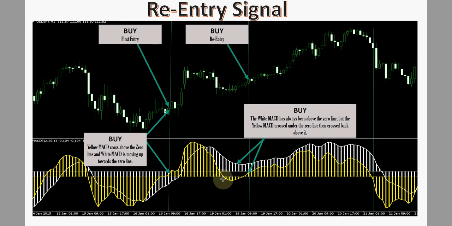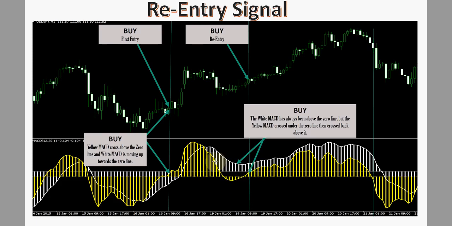The next one is the re-entry signal. As the name suggests, it is when a trend is already going on and you want to enter the trend. So this is a buy position from the former trend entry. The trend is ongoing and then you want to enter. So what you need to look for is the smaller MACD dipping below the zero line and then coming back up.